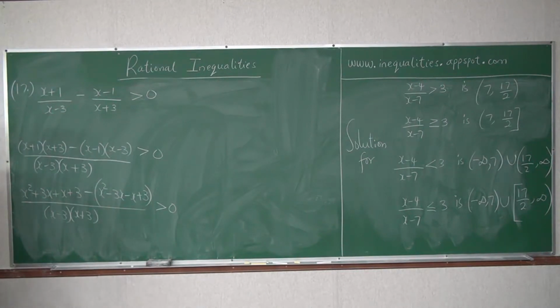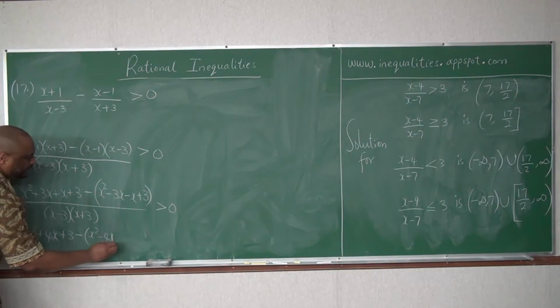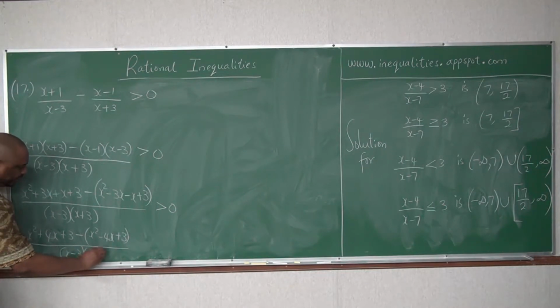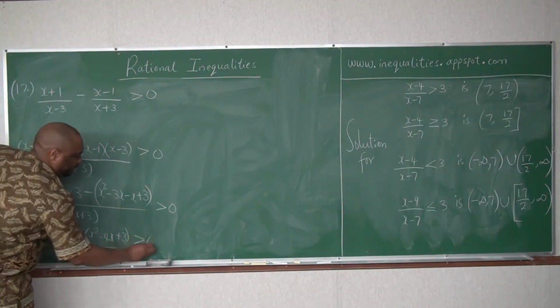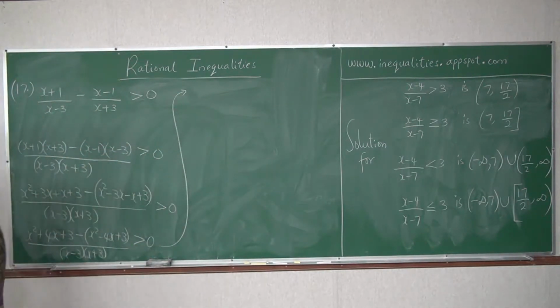This means 3x plus x is 4x, so x squared plus 4x plus 3 minus x squared minus 4x plus 3, all over x minus 3 times x plus 3.